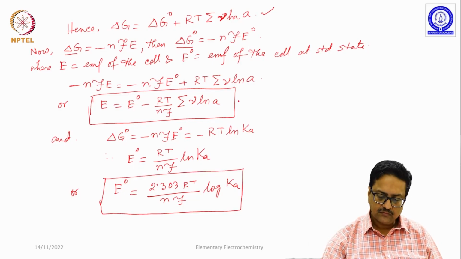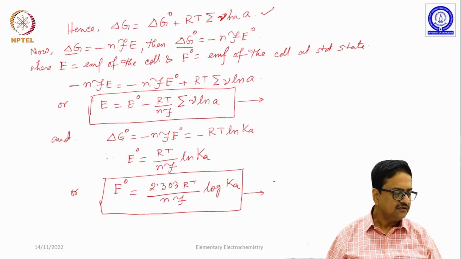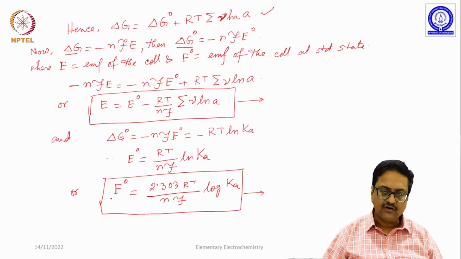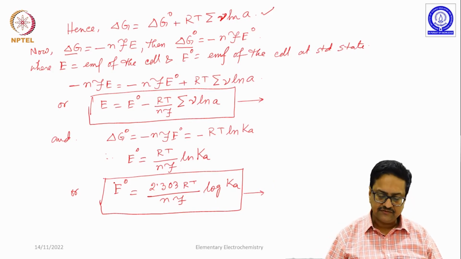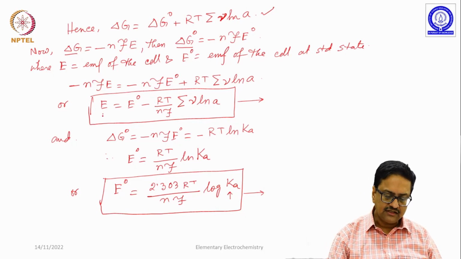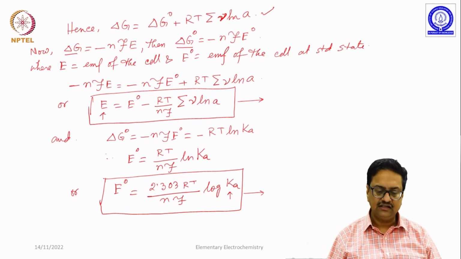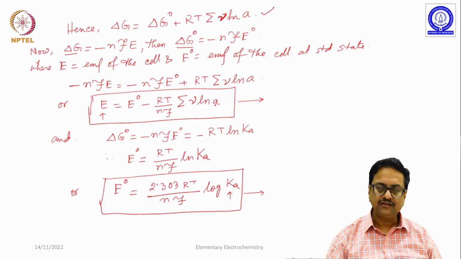We have two equations here. One equation is for the standard EMF, that is E0 of a cell, in terms of the equilibrium constant, and the other one is the EMF of the cell in terms of the activities of the reactants when they are not in their standard state.